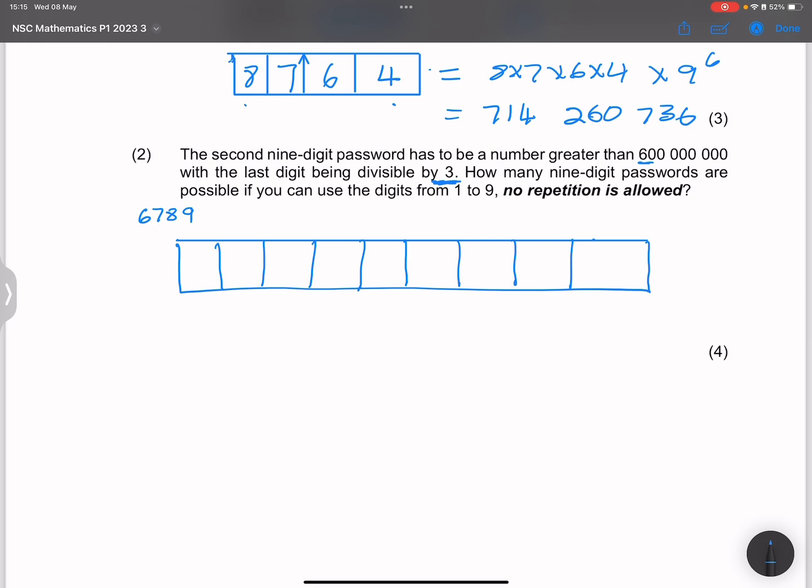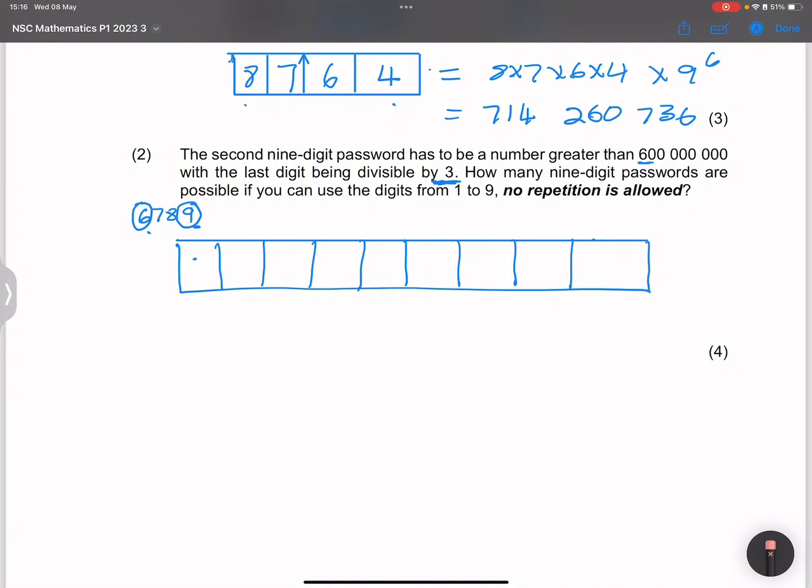Now please, I want you to note how many numbers are divisible by 3 there, right? So numbers that are divisible by 3 are 6 and 9. Now the reason why I'm picking these numbers out is in this case, in my first digit, I can use either 6 or 9 first, which means I can't use either one of those numbers in my last digit because then those are divisible by 3.